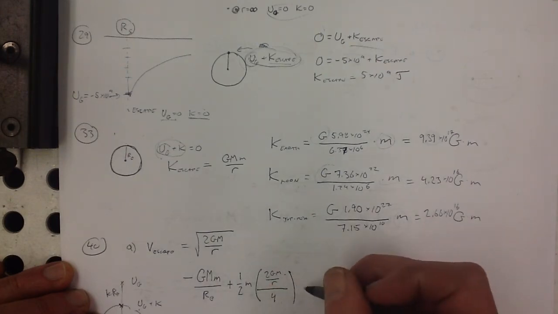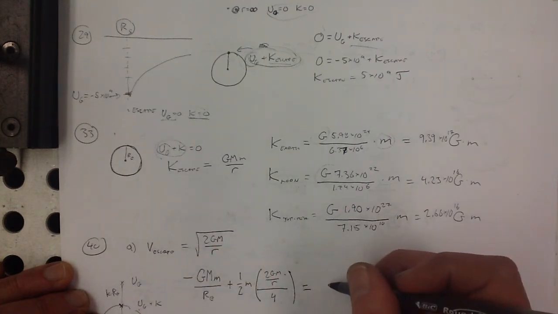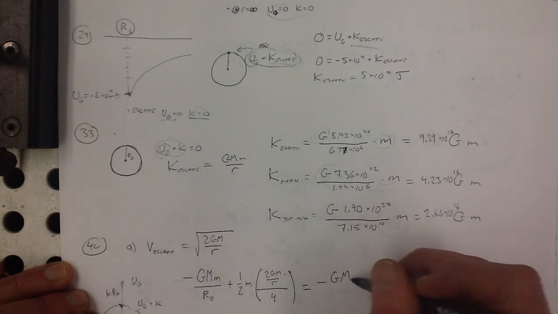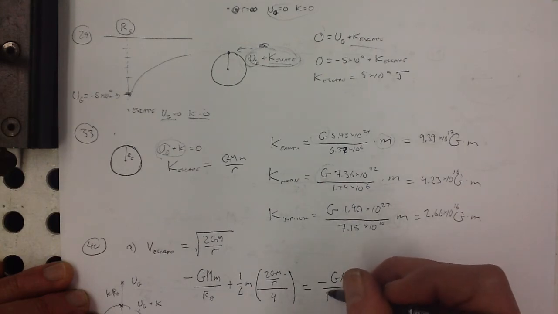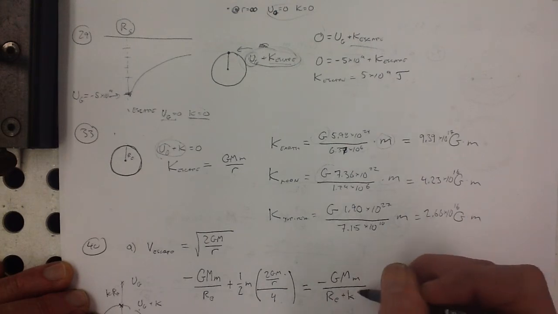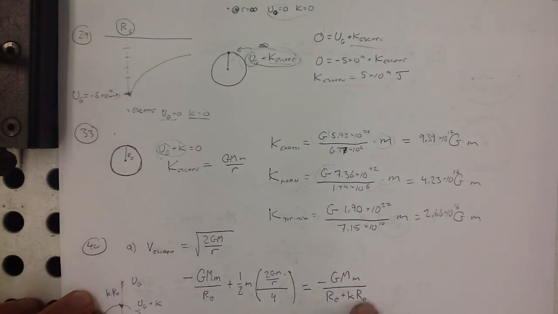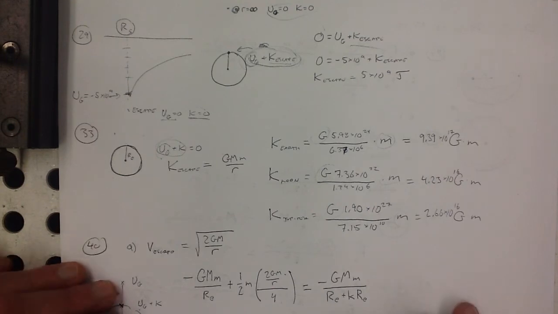That's the v squared. And then when I get up to the tippy top here, I have negative GM over the radius of the Earth plus some other number of radii of the Earth. So that's not too pretty, but let's see what we can do with this.